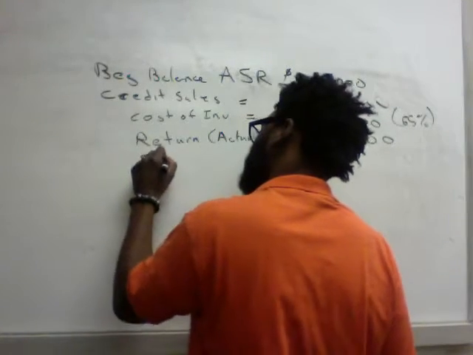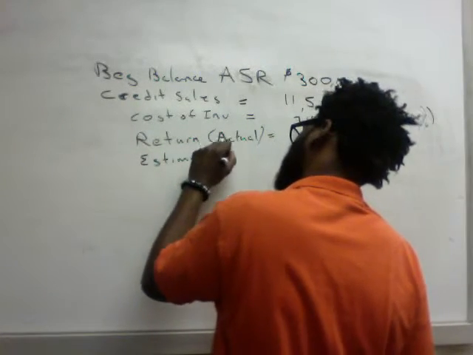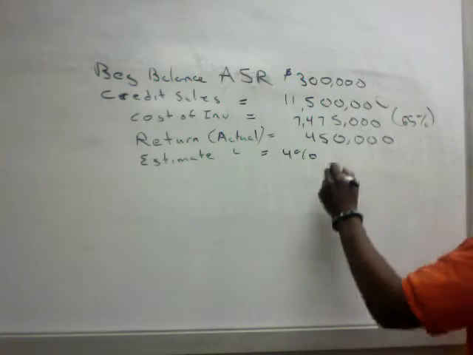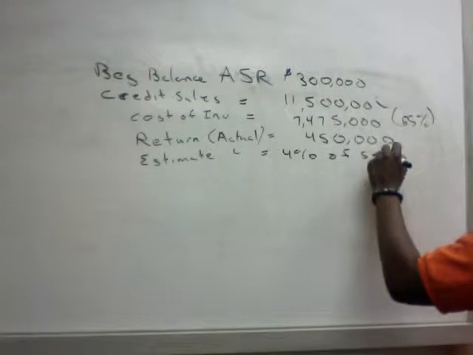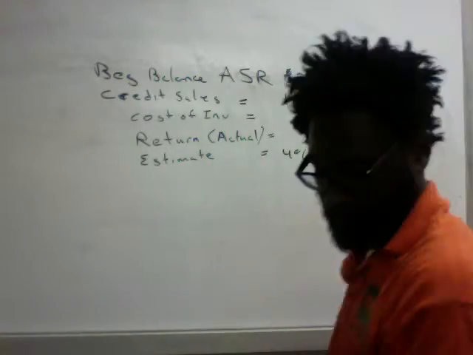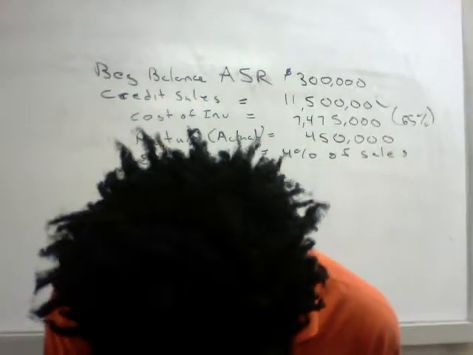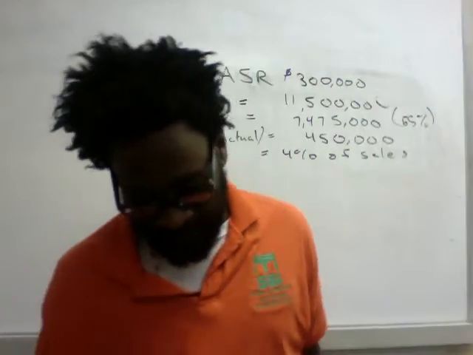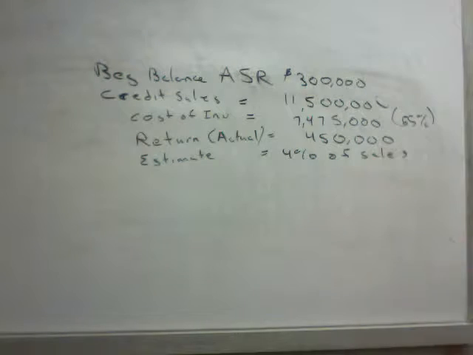So the estimate is equal to 4% of sales. And they want us to prepare the entry to record the merchandise returns and the year-end adjustment of estimated returns.